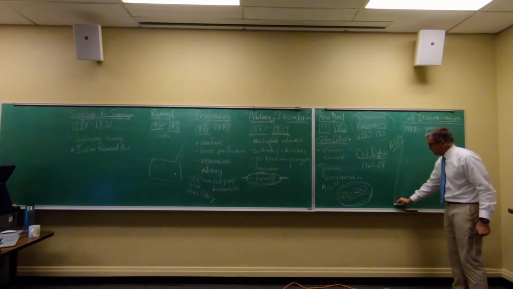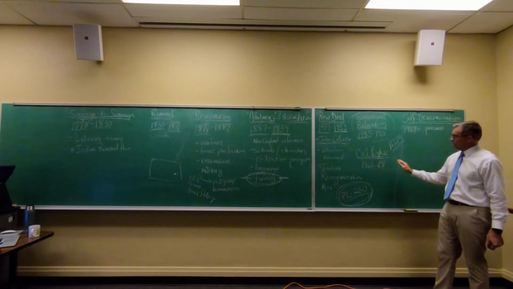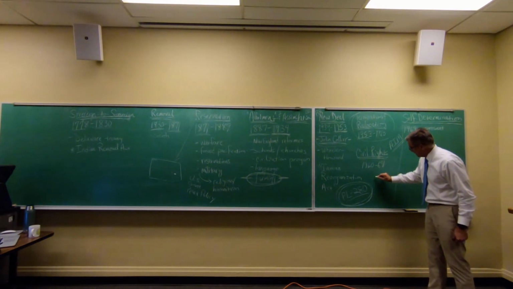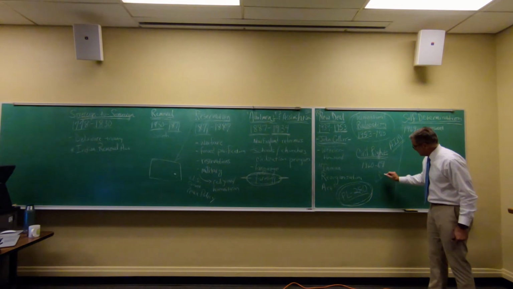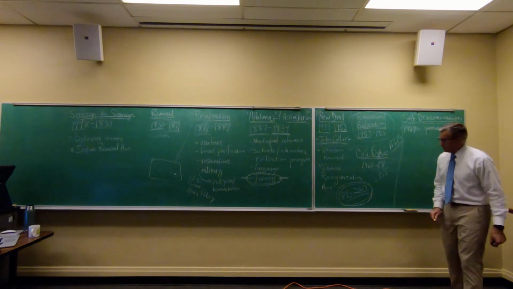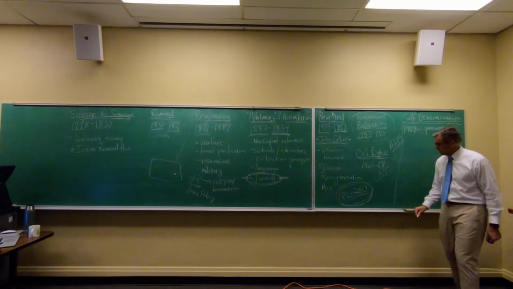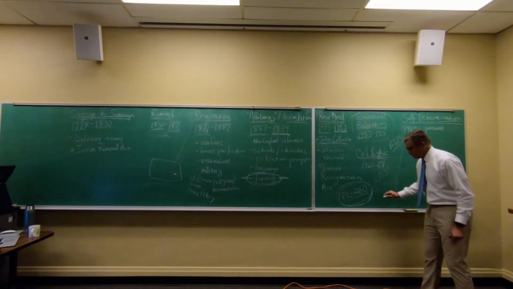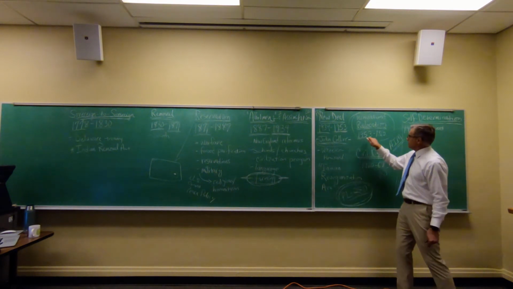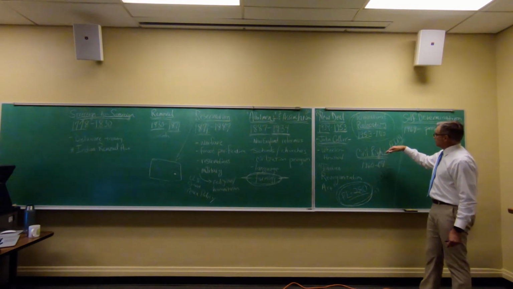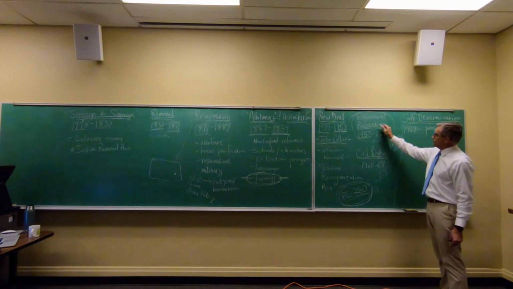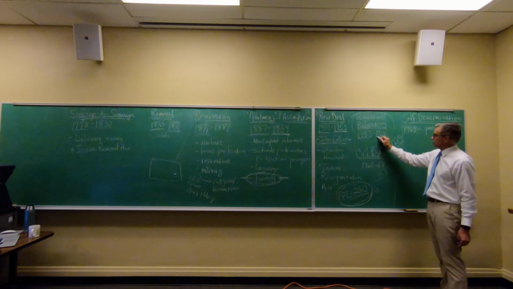But what happens is, this era of civil rights is dominated by the Great Society of LBJ. I end this period of termination and relocation in 1960 with the election of Kennedy.